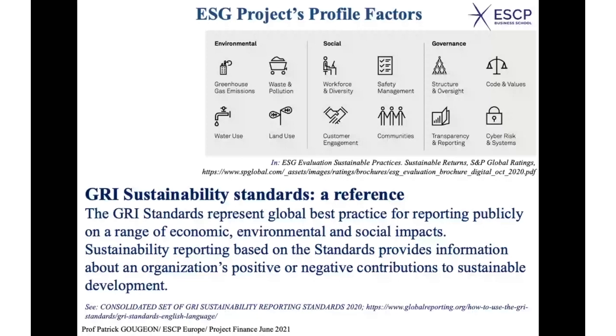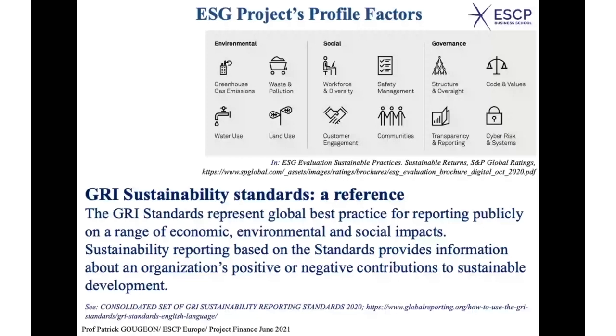The GRI standards represent global best practice for reporting publicly on a range of economic, environmental, and social impacts. Sustainability reporting based on the standards provides information about an organization's positive or negative contributions to sustainable development. You have the reference below. If you need more detail about how to assess this, just go and look at this web link and you will find all types of details.